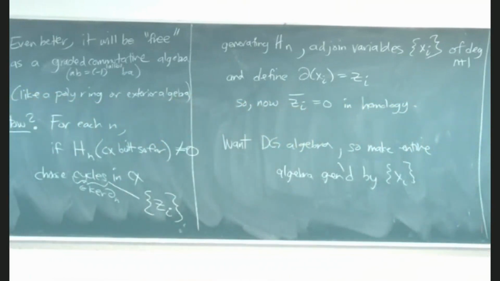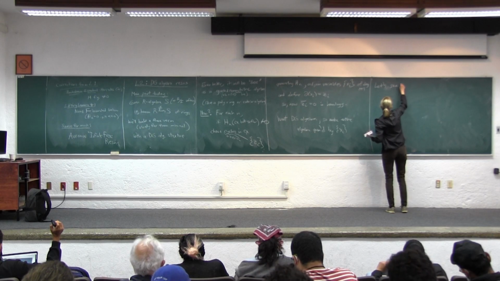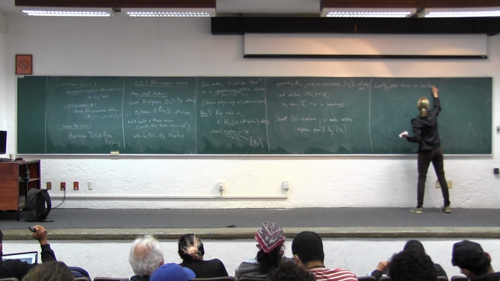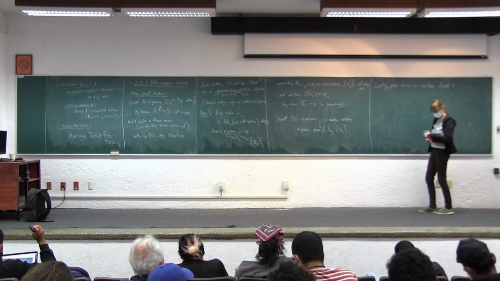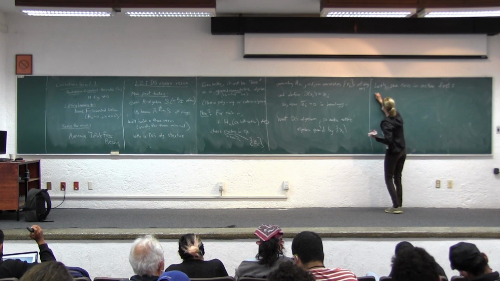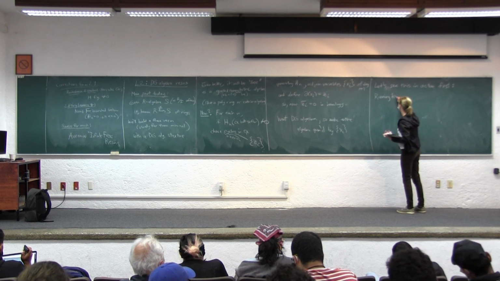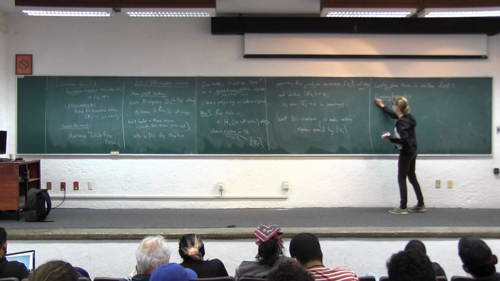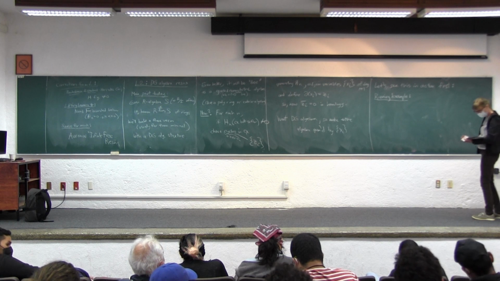So let's see this in action first before I just give you the theorem and the proof. Okay, so this is going to be the running example. Everything I talk about will work for this example. So I'm going to just keep using this example a lot this week.